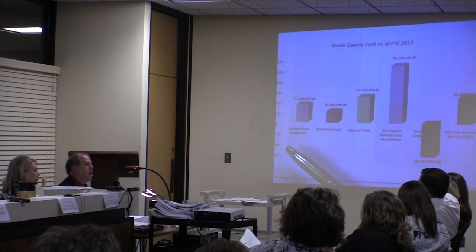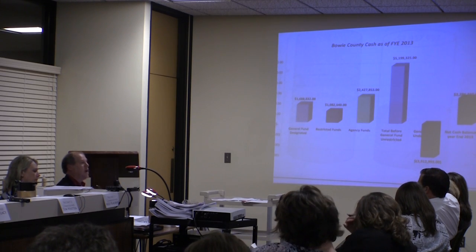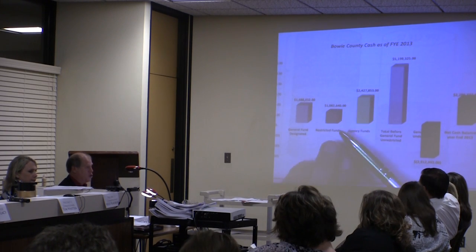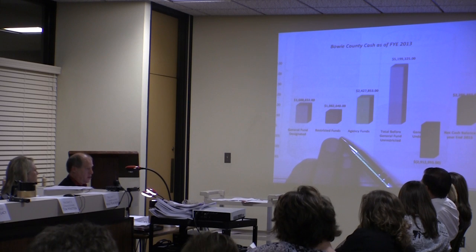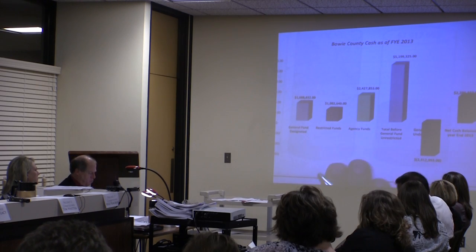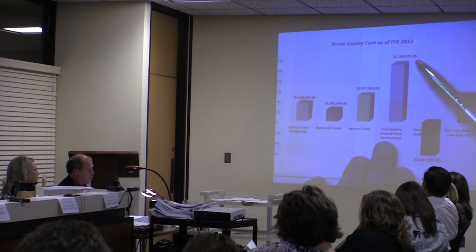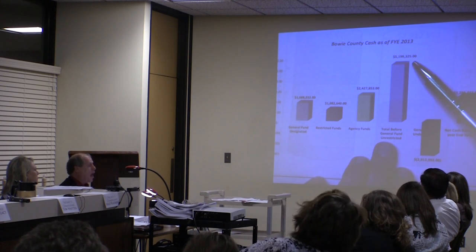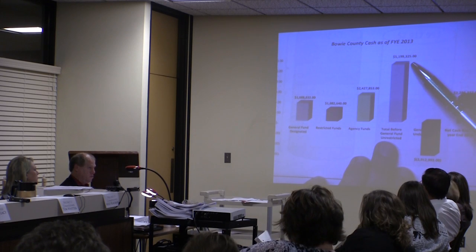They're just there. And for some reason, the external auditor never broke them down. We have restricted funds, which are really restricted. We have the agency funds, which belong to other people. You add all these up, and there is $5.199 million of funds that kind of belong to other people.